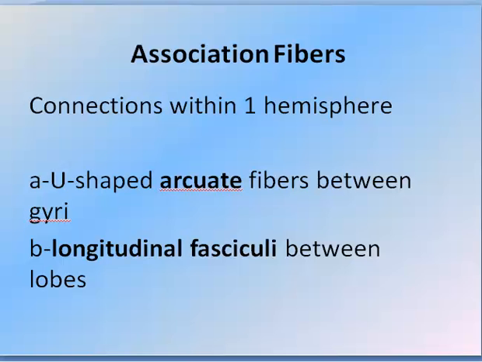So the association fibers are within the hemisphere, connecting parts of the same hemisphere, either the U-shaped arcuate fibers between gyri, or the fasciculi between lobes.